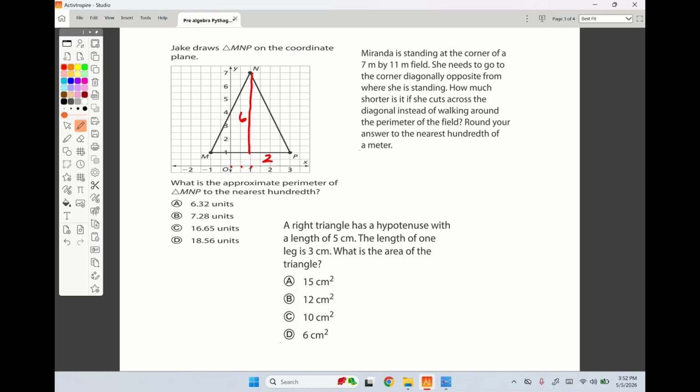We know this side is 6.3 because that's a 6.3, and the bottom is 4. Now perimeter is adding up all the sides, so just add your 6.3 plus 6.3 plus 4. And that gives you 16.6. And we have our answer here.